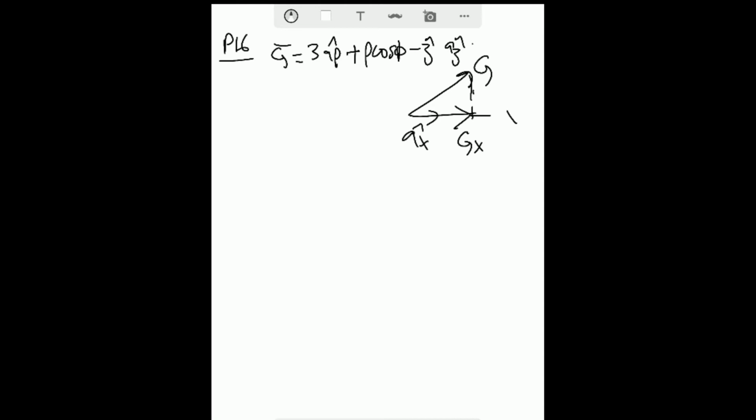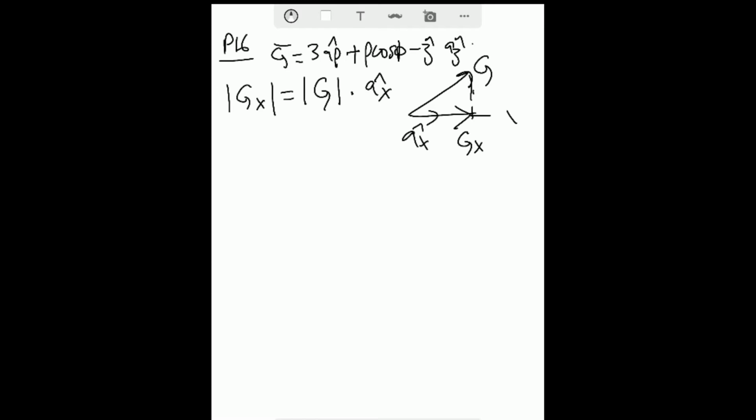Now as you can see, g_x is the component of g along a_x, so its magnitude is simply g dot a_x.